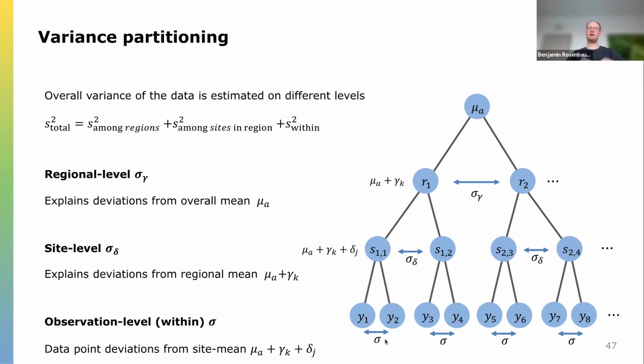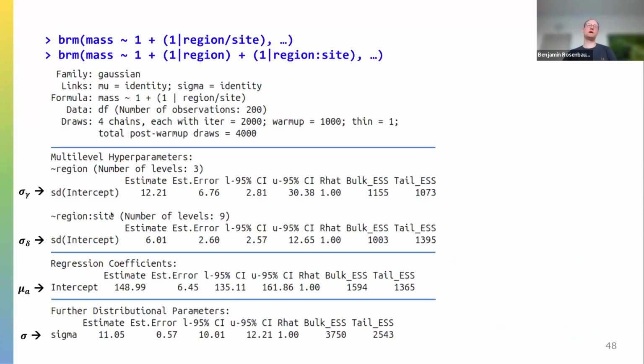So you have split up the variation in different levels of hierarchy. And again, here the output looks the same as for the crossed, because you can write this nested as a crossed effect of region and the combination of region and site. So the output here is the same as with the crossed, just you have one standard deviation for the regional level plus the standard deviation here of the site in region level.